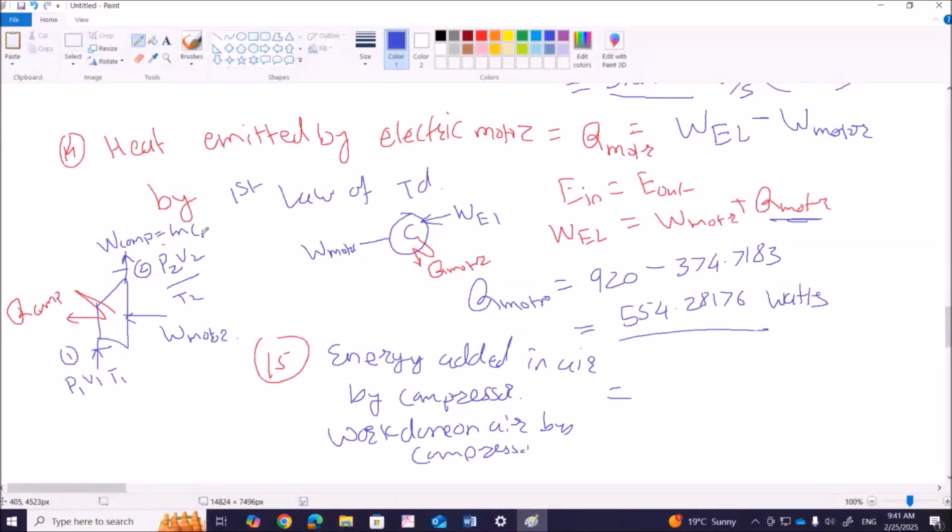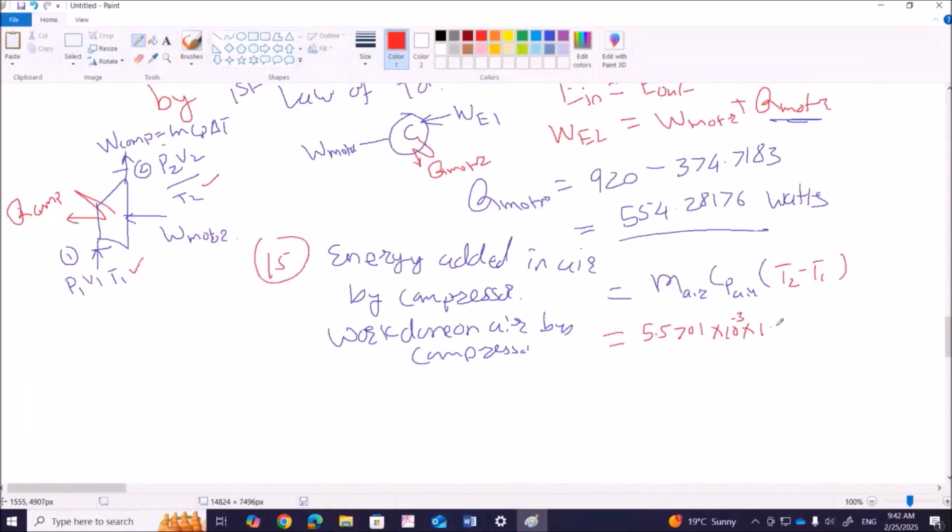What is this? m Cp delta T, the basic formula, energy added. So m is mass of air, Cp is specific heat of air, and delta T is nothing but T2 minus T1. So I know m, 5.5701 into 10 to the power minus 3. Specific heat, it is given in the observation, 1.005 into 10 to the power 3 because joules.